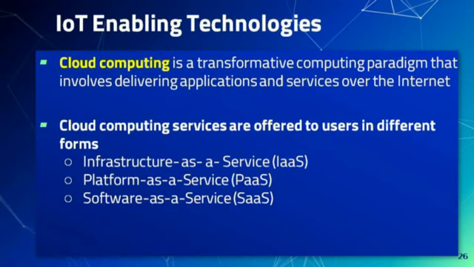Infrastructure is your processor, RAM, hard disk. Everything is called infrastructure. If you want 2 GB RAM, you can buy it online, through the internet. And if you want 10 GB of hard disk, you can buy it through the internet. That is infrastructure as a service in cloud computing.